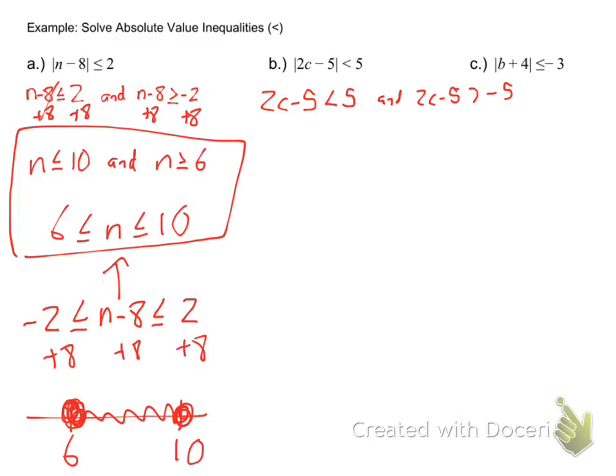The next first step on everything is what, Eli? Add 5. Add 5 to both sides. So we get 2c is less than 10, and 2c is greater than 0.